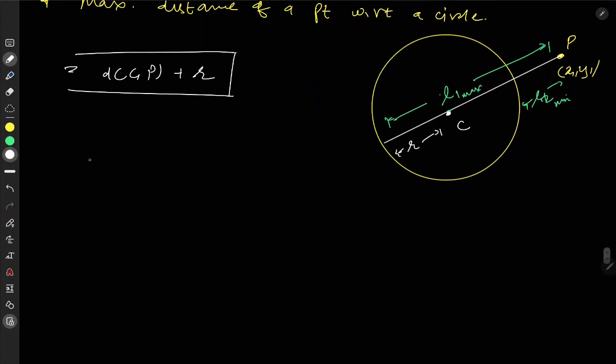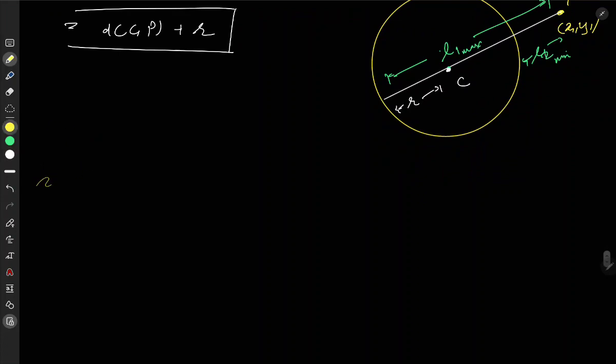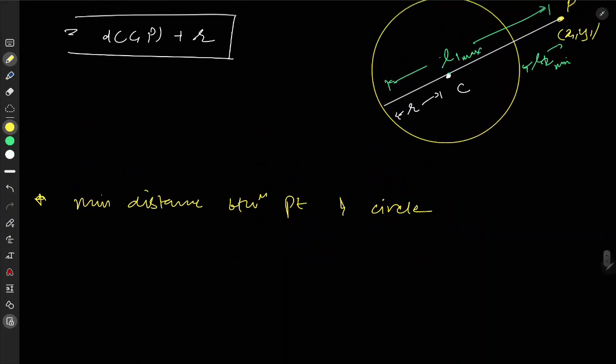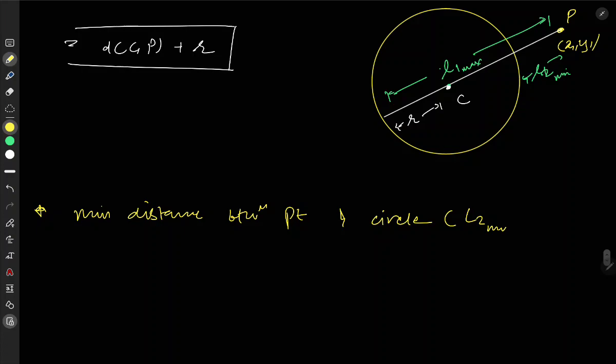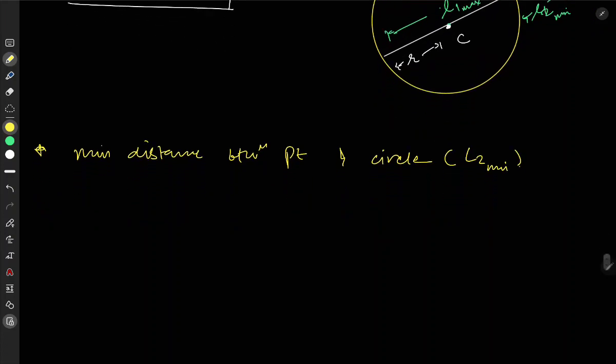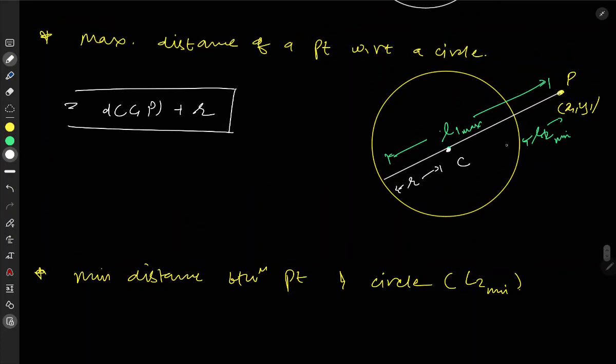We can find the distance CP by using the distance formula between 2 points, and the minimum distance between the point and circle, which is over here L2 minimum, can be found out by, again we can see this is the whole radius R, and if we do CP minus R, we can get this L2 minimum.